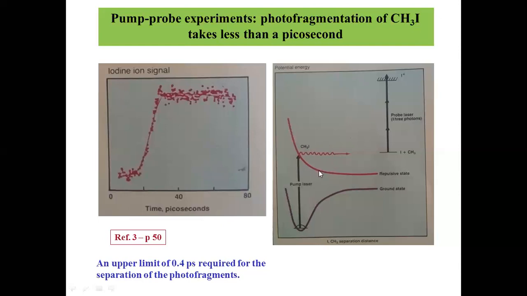That reveals how the excited state potential energy surface is going to look. So this is the experimental observation of the photofragmentation of methyl iodide, and of course this gives you an idea of the upper limit of the photofragmentation of this.